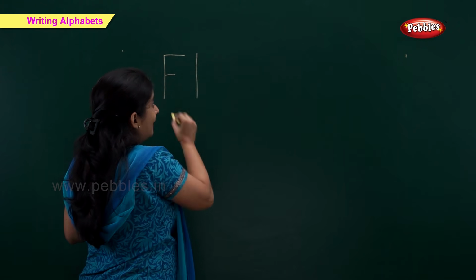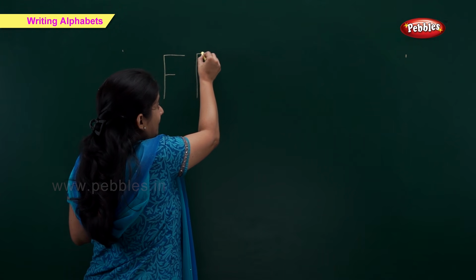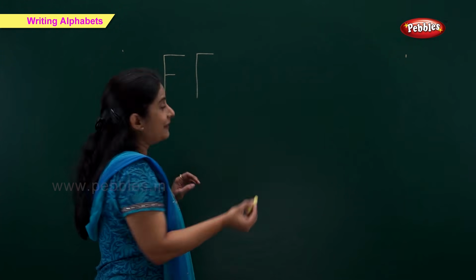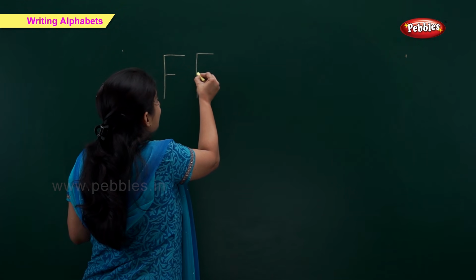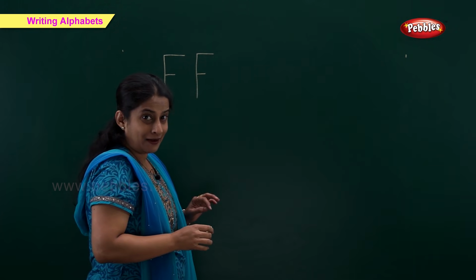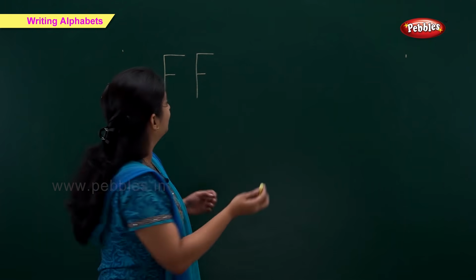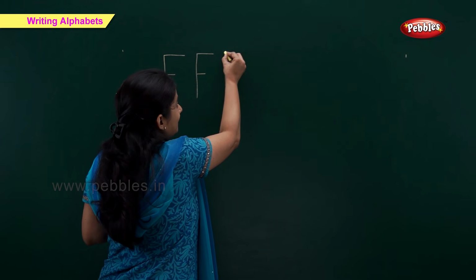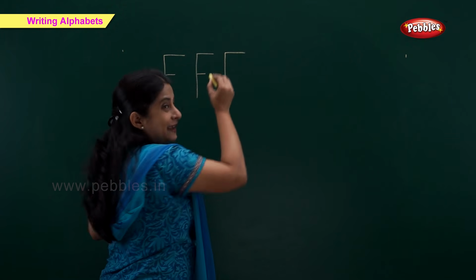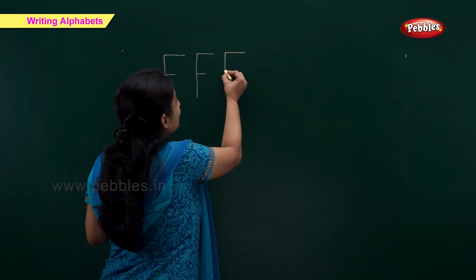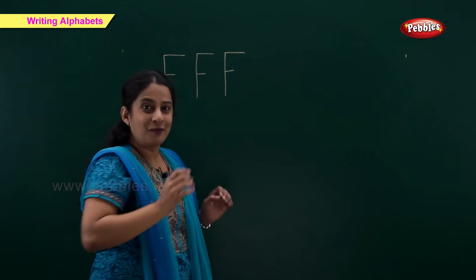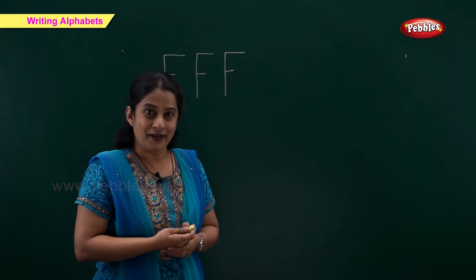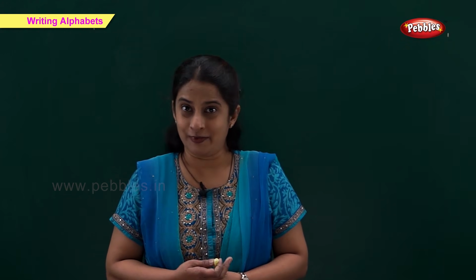One standing line, one big sleeping line, one small sleeping line makes F. One standing line, one big sleeping line, one small sleeping line makes alphabet F. Now we will write alphabet G.